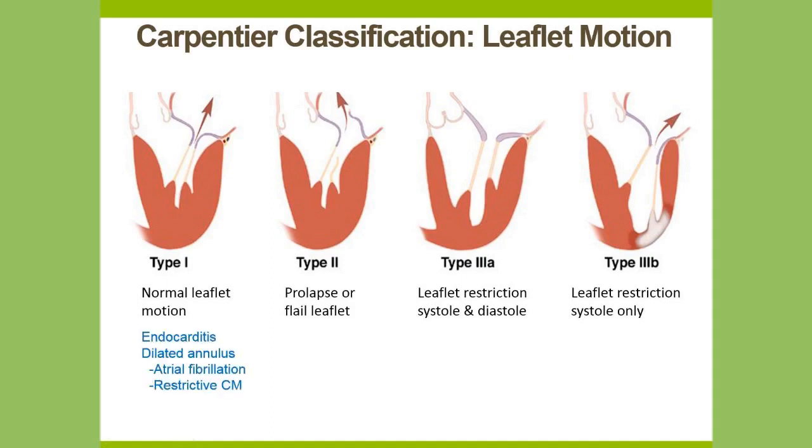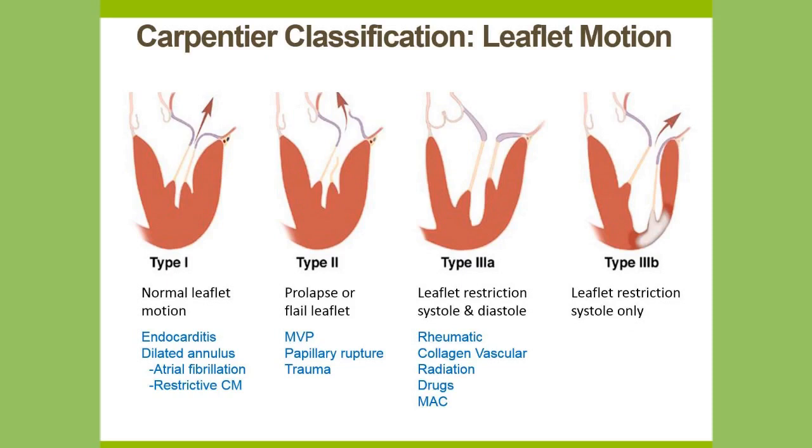And if you look a little bit further at this, type 1 is usually going to be endocarditis or a dilated annulus. The leaflets move normally, but something's wrong. Type 2 tends to be prolapse almost all the time, can be papillary muscle rupture or trauma. Type 3 is anything that stiffens the leaflets so they can't open and close.